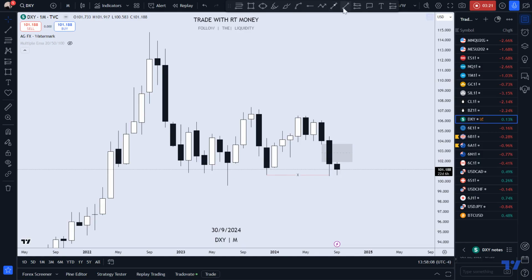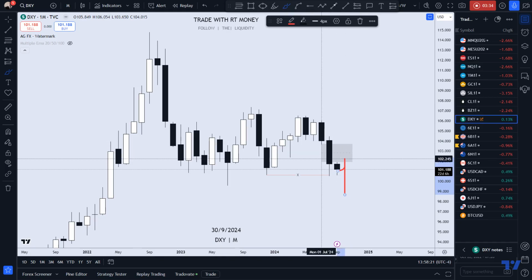What price can do is travel up and then go down lower from that fair value gap. Every time you see a bearish fair value gap, the potential is for price to bounce or come and tag it to make lower prices.